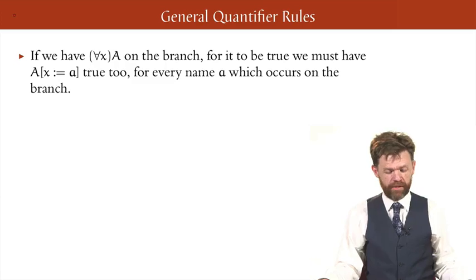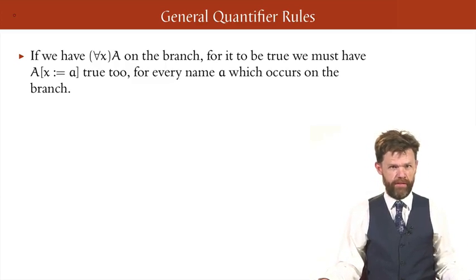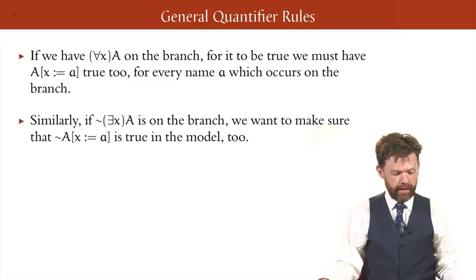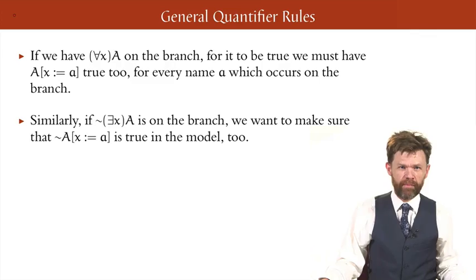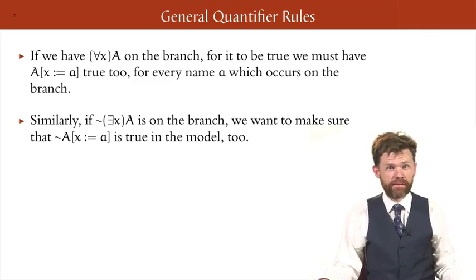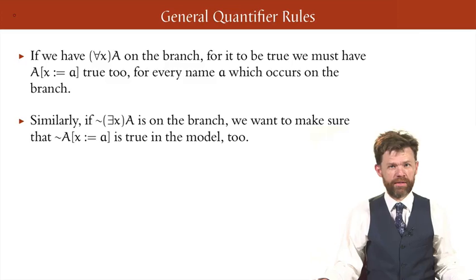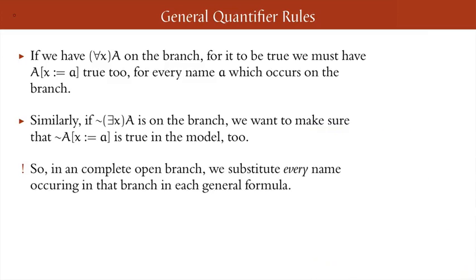So we need every instance occurring in the branch. Similarly, if it's not the case that something has property A is on the branch, for that to be true in the model, we need every instance of A to be false in that model for every name that occurs in that branch. That is, we need every instance of not A to end up being true in the model.